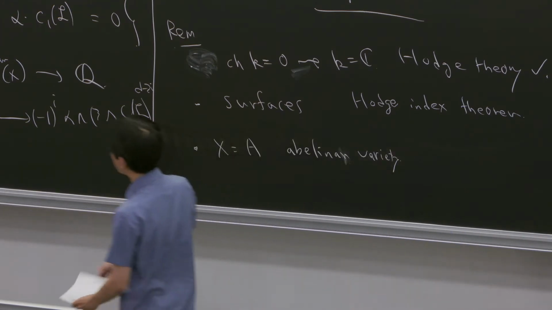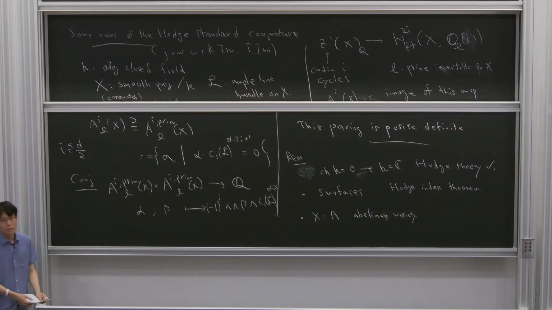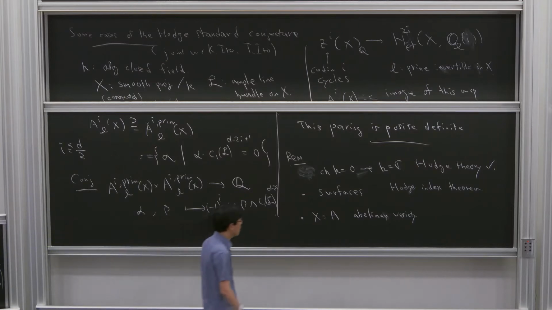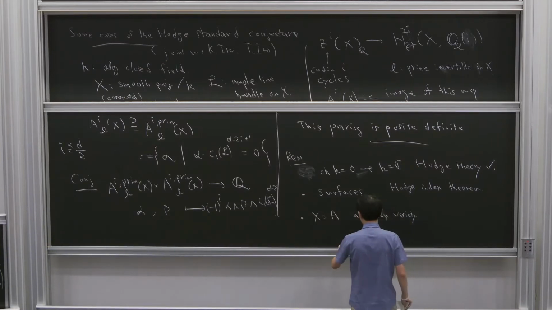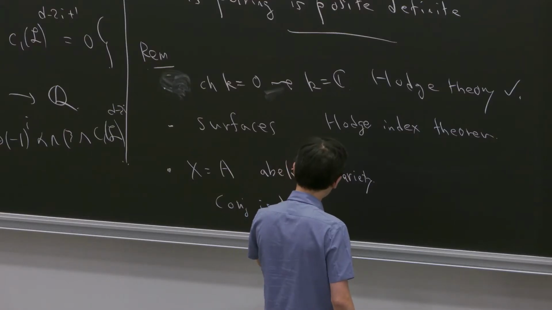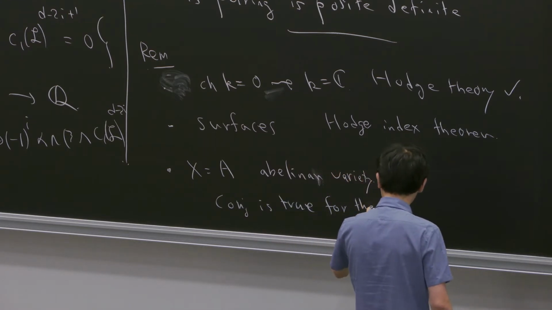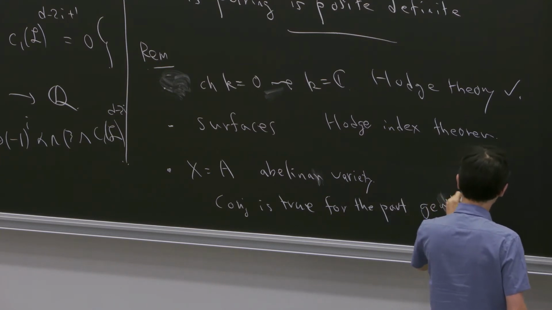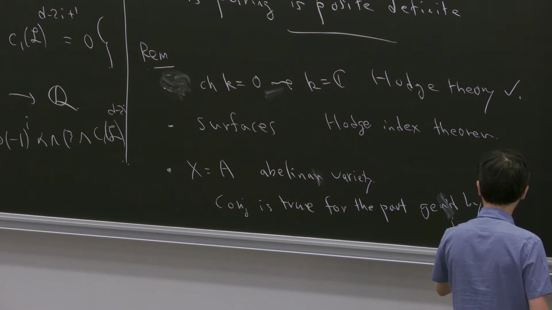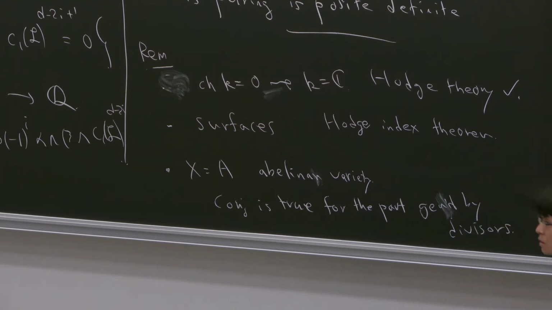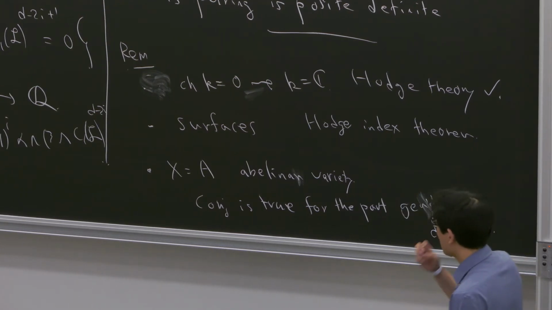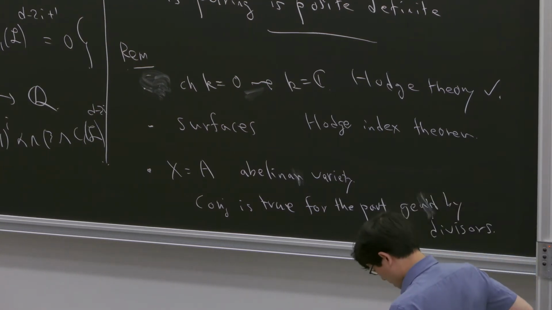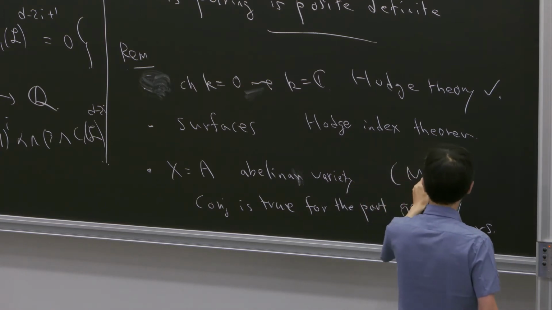But we also look at higher i, so you take products of divisors. In this case, you can prove the conjecture is true for the part generated by divisors. Okay, so this is proved by Milne.